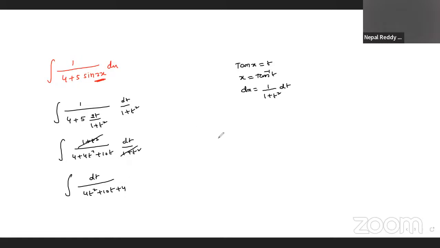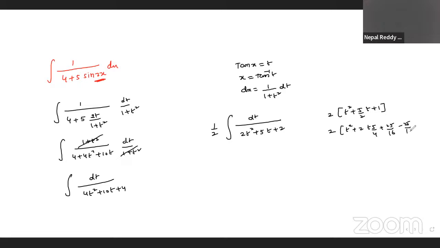In the denominator, if you take 2 common, you will get dt divided by 2t square plus 5t plus 2. Taking 2 common, it is t square plus 5 by 2 of t plus 1. Next, t square plus 2 into t into 5 by 4 plus 25 by 16 minus 25 by 16 plus 1 you have to write.